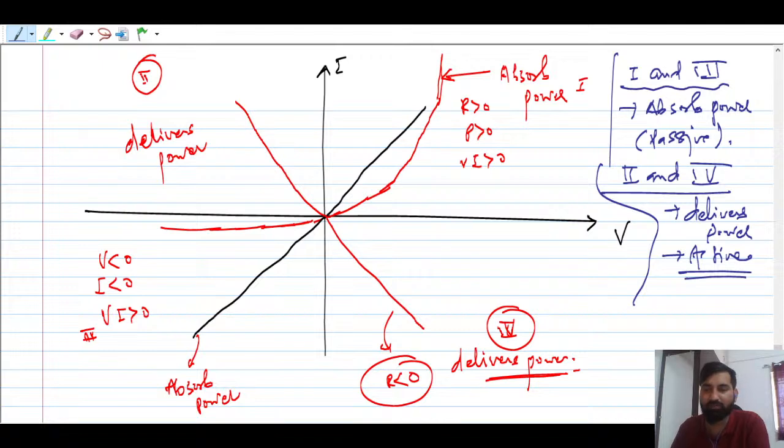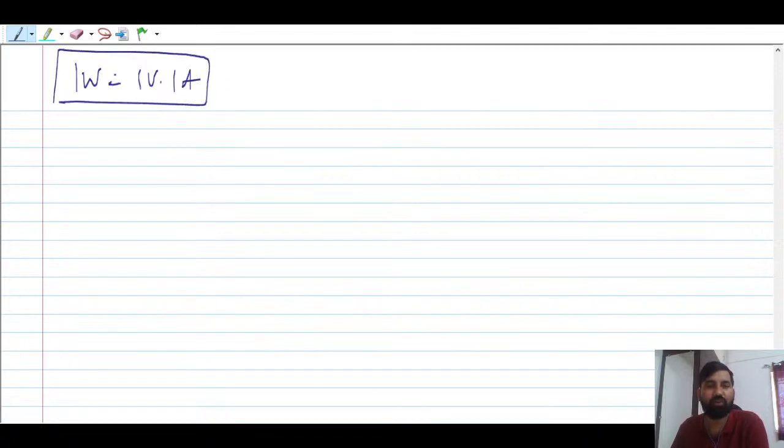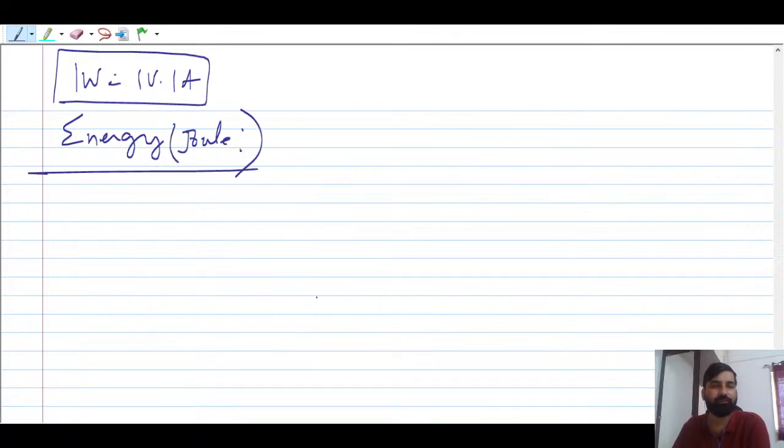How do we define 1 watt? 1 watt is nothing but 1 volt times 1 ampere, and this is called 1 watt of power. We basically talk about energy in joules.